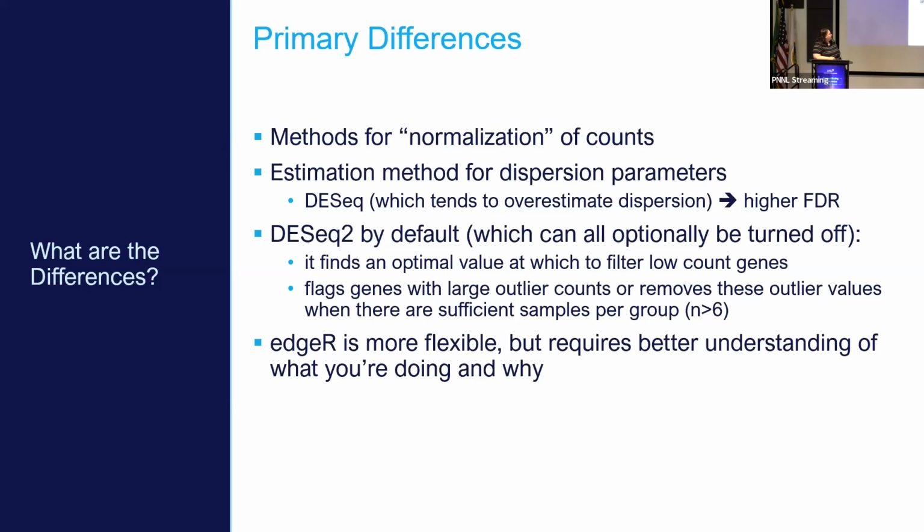DESeq2, if you don't turn it off, and we can talk about this afternoon too, in trying to control for false discovery rate, there is an automatic step where, if you're not careful in R, DESeq2 will actually just start filtering genes out to try to get the most number of significant transcripts while still maintaining a false discovery rate.